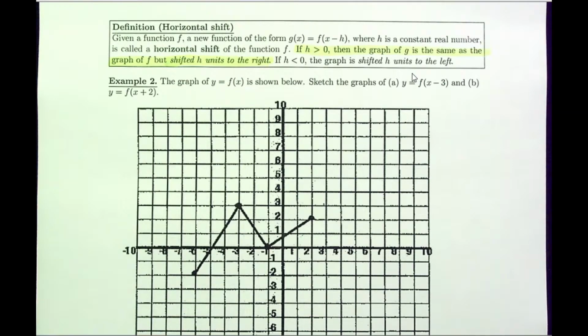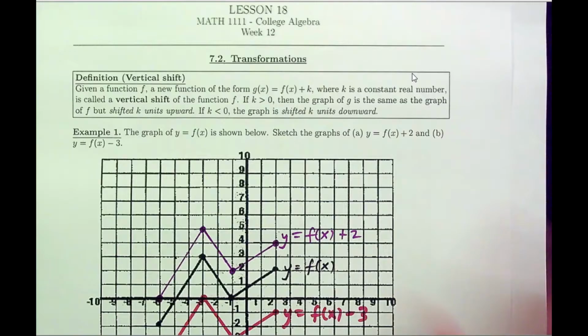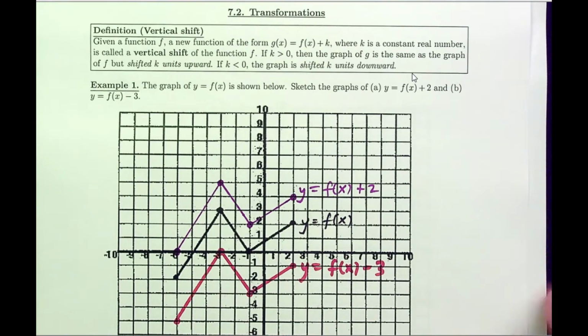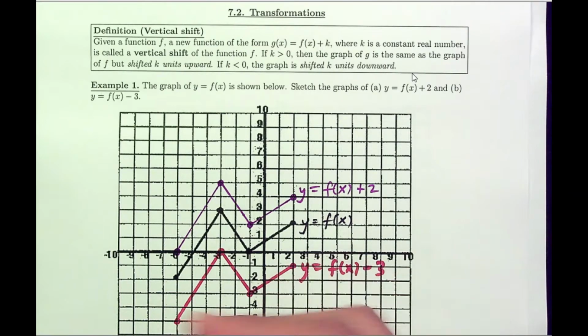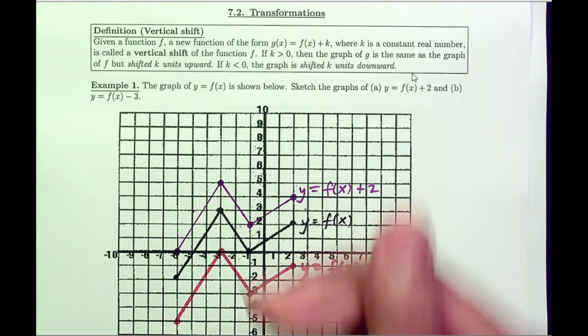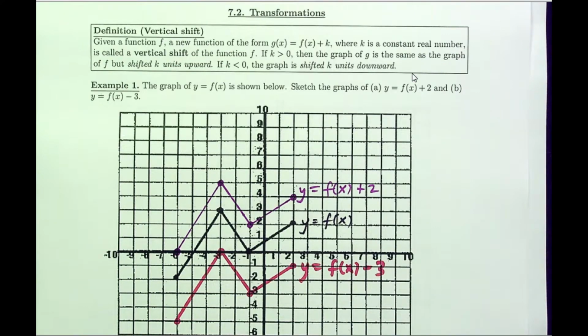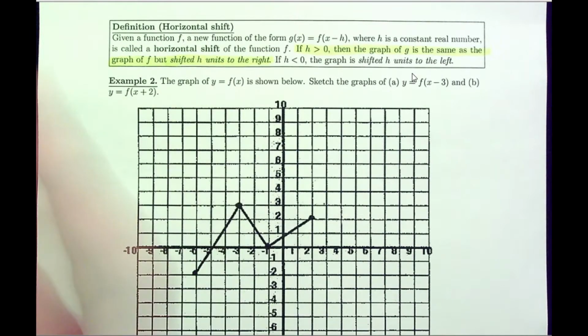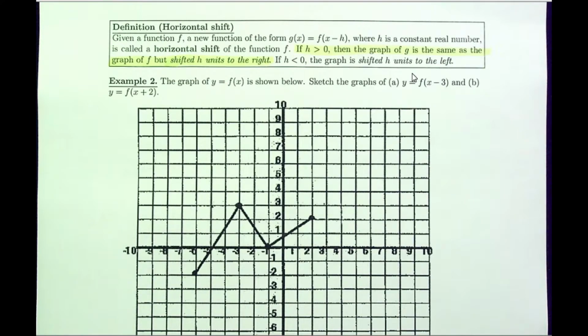For modifications that happen vertically, meaning outside of the function, they always behave the way you would expect. Plus 5 means you move the whole thing up 5. Minus 5 means you move the whole thing down 5. However, horizontal transformations are the opposite of what you would think.